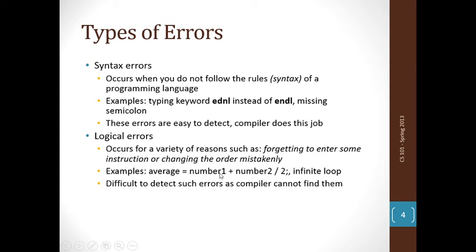First number1 and number2 will be added, and then the result will be divided by 2. So this is a logical error. The compiler will not tell you; the compiler will generate a wrong result.